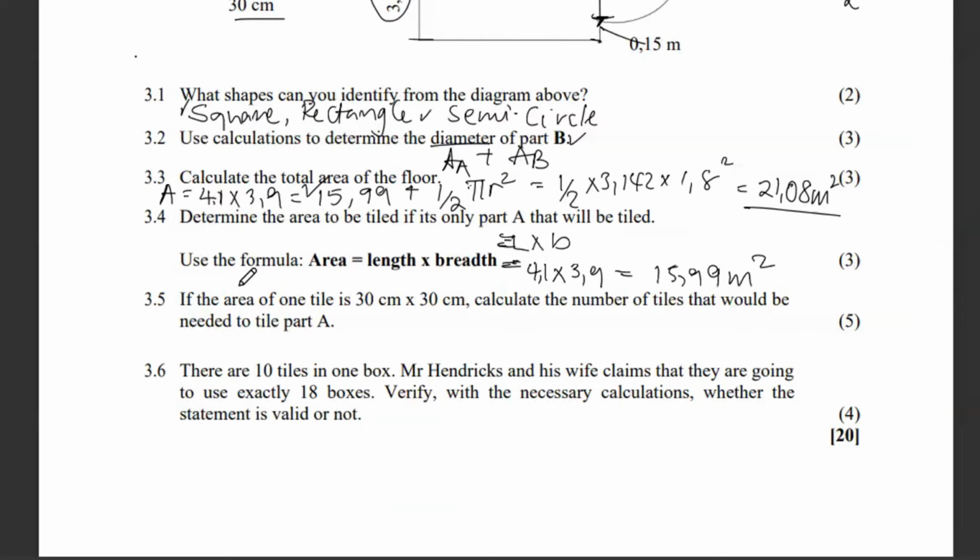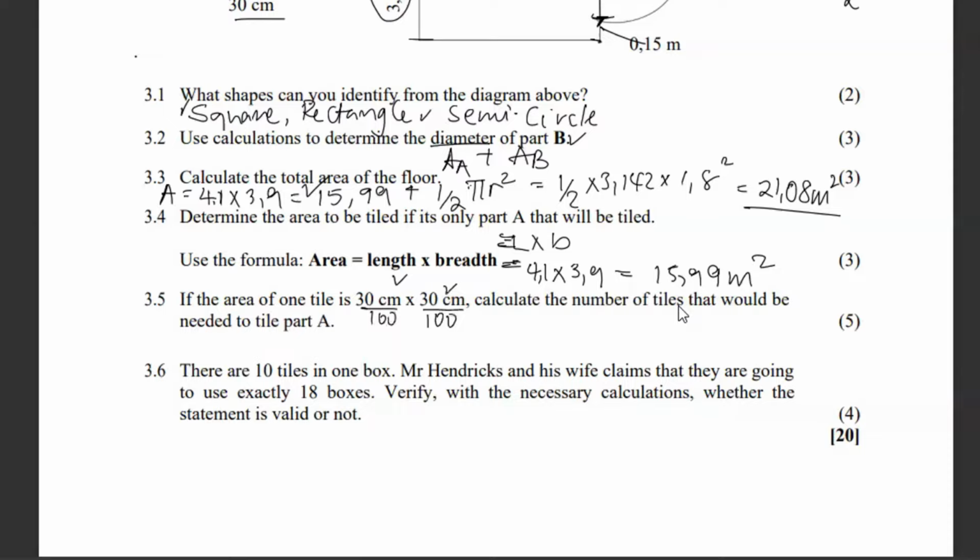If the area of one tile is 30, sorry, calculate the number of tiles that would be needed to tile part A. Now, what you have to take note of, the area of the tile is in centimeters. The area to be tiled is in meters squared. So we change this to meters to make our life easy.